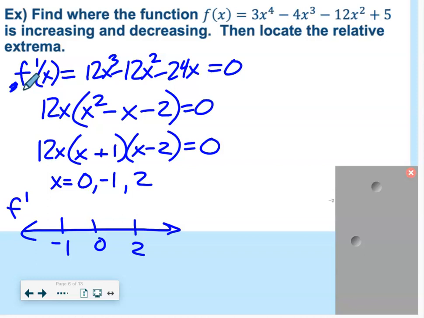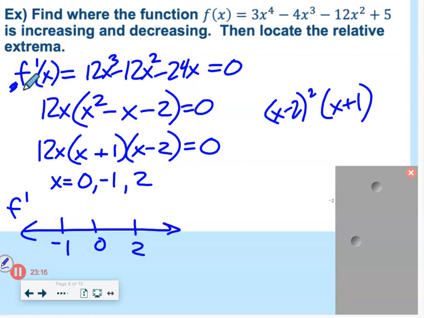When your factors have an odd multiplicity, it means the sign is going to change on either side of that critical number. If your factor has an even multiplicity, say we had x minus 2 squared times x plus 1, right? Even multiplicity means you're going to have the same sign on both sides.